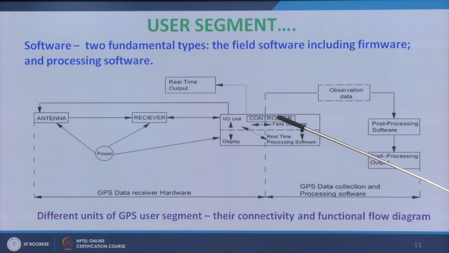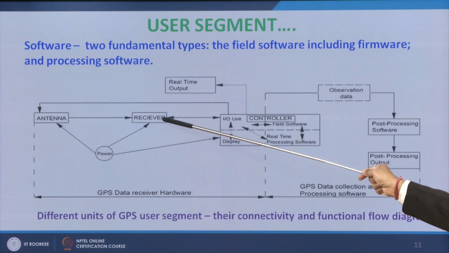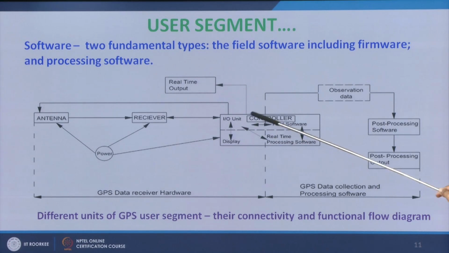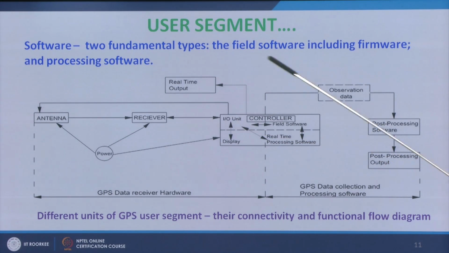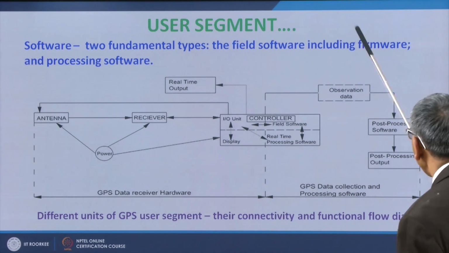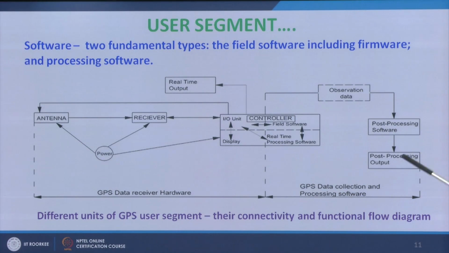Once the controller receives data from the receiver, or it can directly tell it to take out the observation data, this data may be stored either in the receiver or in the controller. Then as per the instruction from the controller, this observed data may be transferred to the computer having the post processing software.